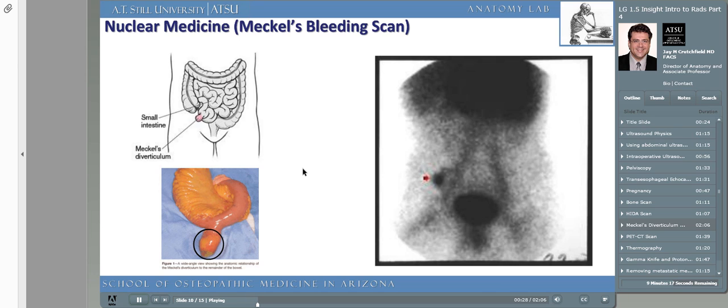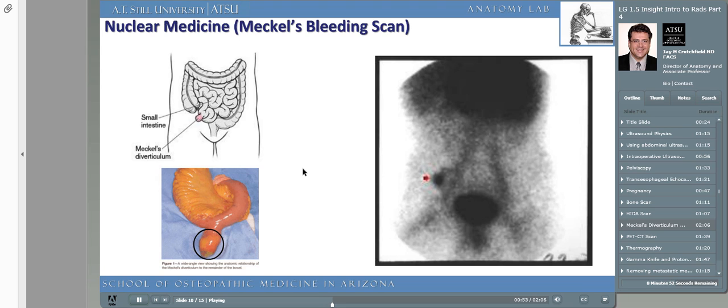Complications of a Meckel's diverticulum include bowel obstructions, bleeding, volvulus, known as twisting of bowel, or a volvulus even around the Meckel's diverticulum, and it can, but doesn't have to, contain two types of tissue found in other areas of the body. We call such tissue, which doesn't belong where it's found, ectopic tissue.